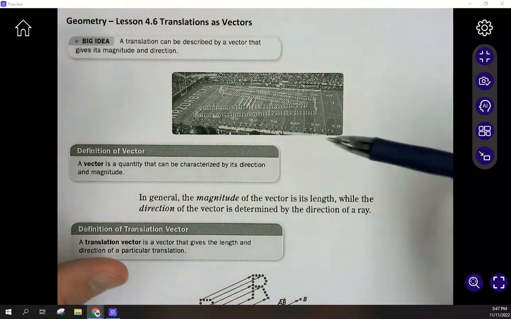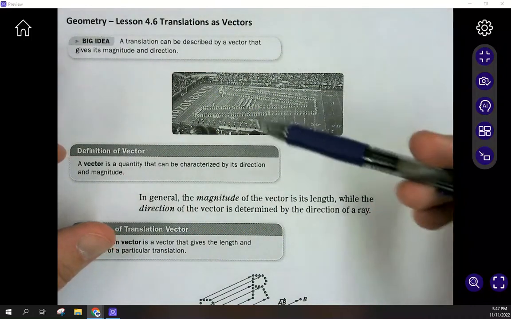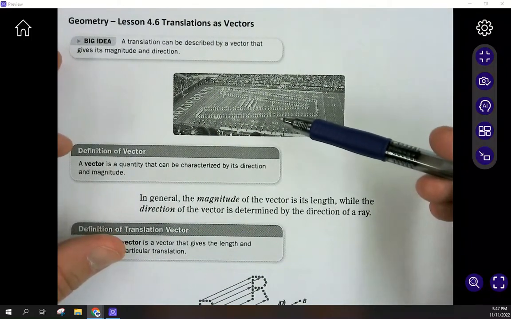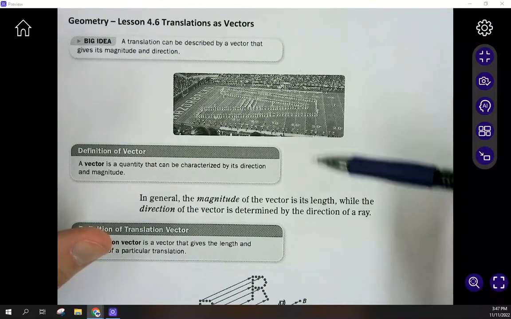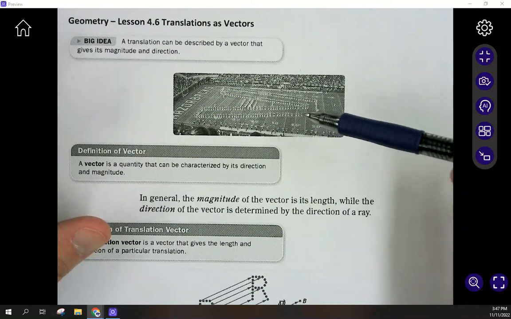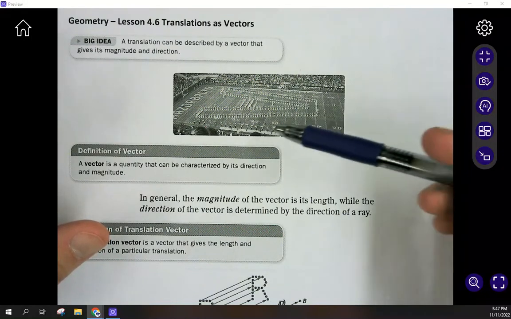If you take a look at the picture, you've got the marching band on the field. Let's say the director wanted to move the entire marching band, while still in formation, down the field, or shift them on the field.